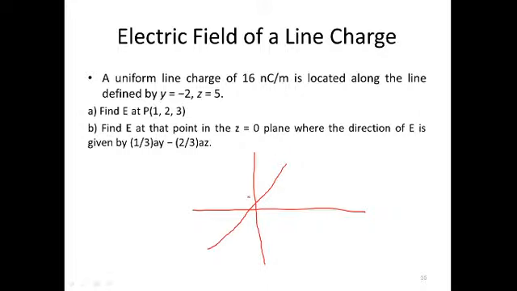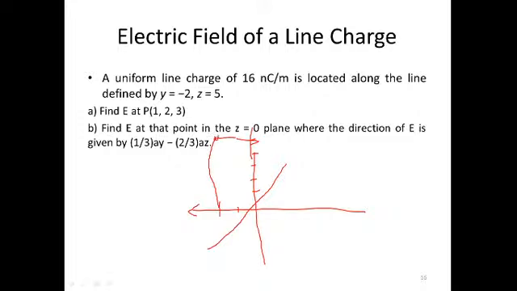So let us mark 2 units onto the negative side, and 5 units onto the positive side: 1, 2, 3, 4 and let us say 5. The intersection of these two gives us this particular point.